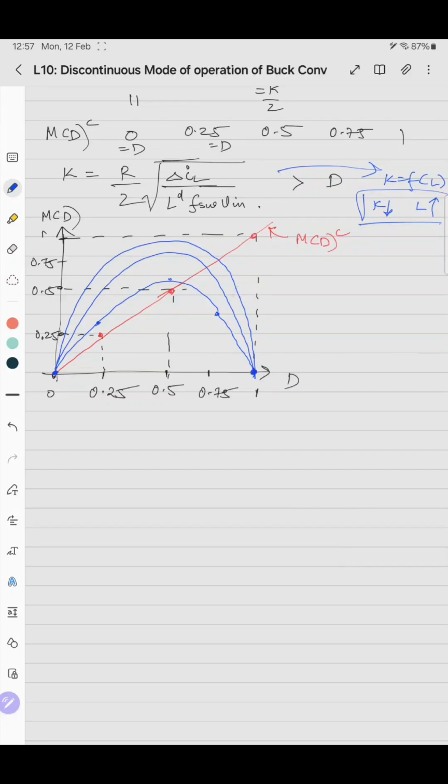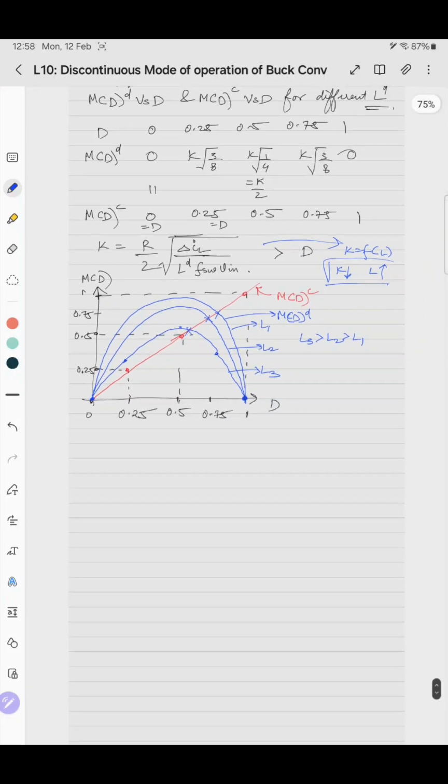This is for some L1, this is L2, and this is L3. We know that L3 is greater than L2 is greater than L1, and these three curves are M of D for discontinuous conduction mode. You can find the intersection point at which M of D for discontinuous becomes less than M of D for continuous, which you can easily find by solving this equation.